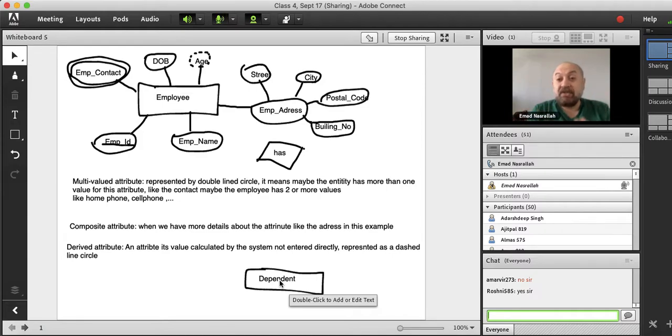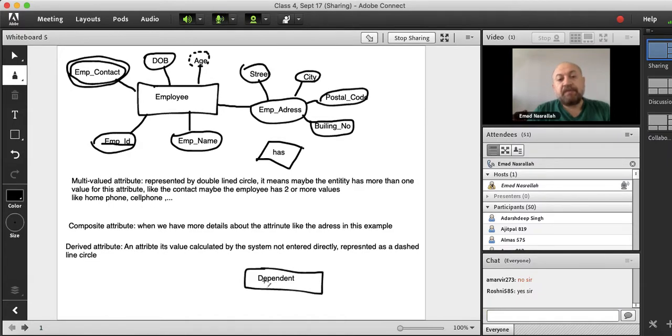When we have such an entity set, entities depend on another entity set. If the entity here is removed, all of these are removed. So they are related. In this case, we call this a weak entity set. Weak entity or weak entity set.